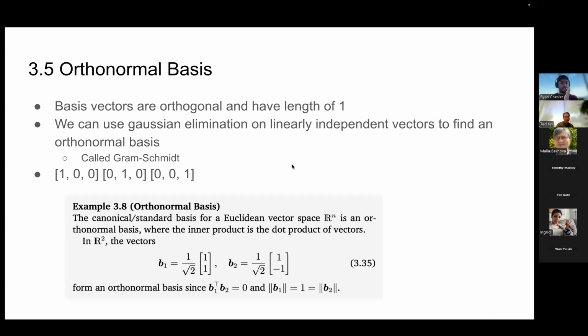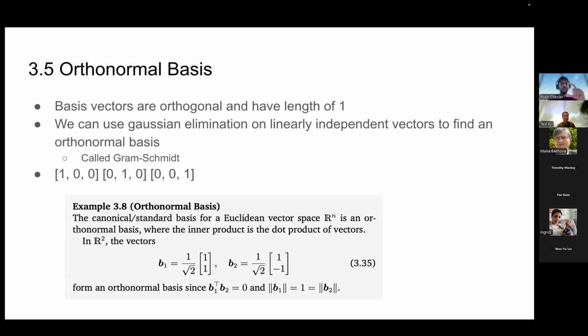So now looking at orthonormal bases, the next section of the chapter. Orthonormal means that all of the basis vectors are orthogonal and they also have a length of 1. One of the things they spent a bit of time on is that using Gaussian elimination on linearly independent vectors, you can find an orthonormal basis, and they called that method the Gram-Schmidt method.